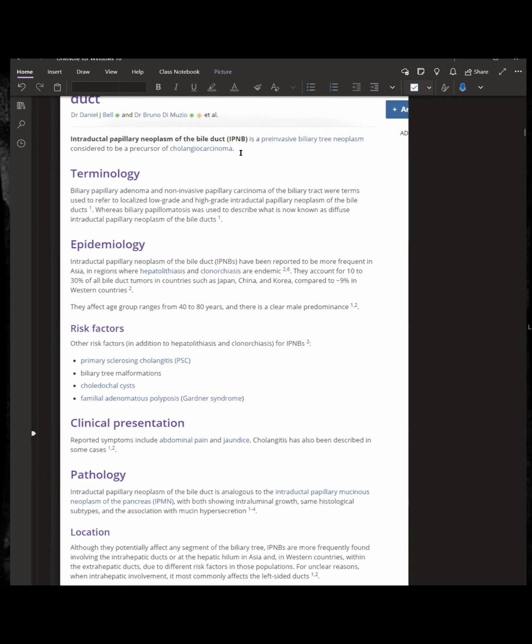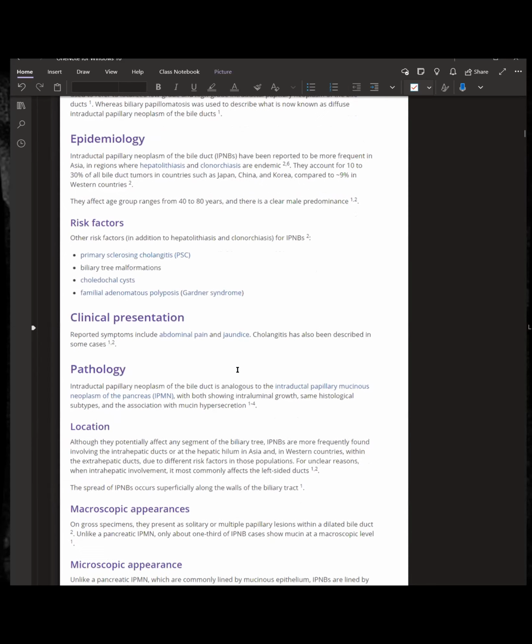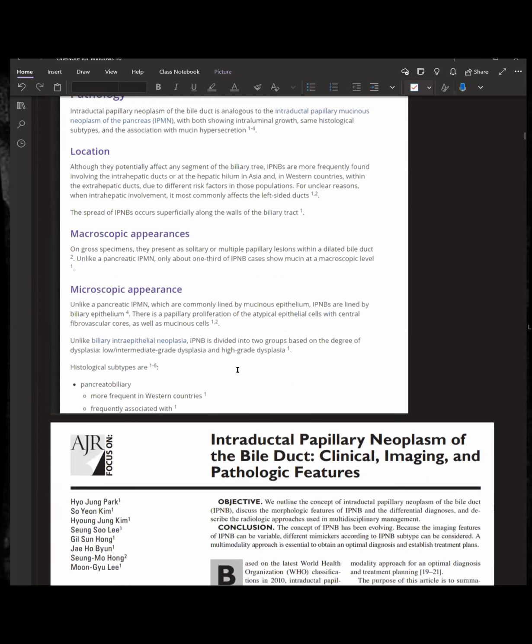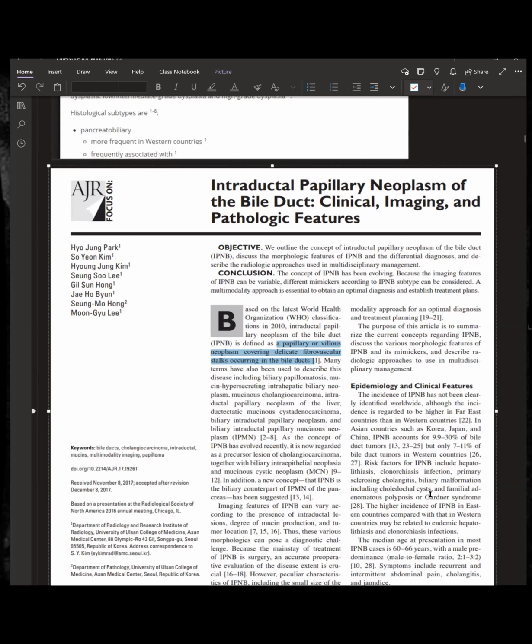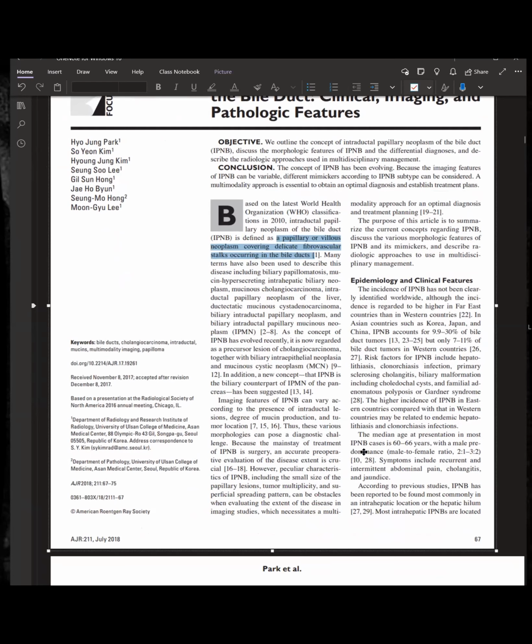In fact, on one of the studies I'm going to show you, it says 80% will harbor or become cholangiocarcinoma, in contrast to IPMN, where only a minority will develop into pancreatic cancer. So that's why they're treated surgically, which is kind of challenging, because this was a totally incidental finding in this case. It's really the risks and benefits of a surgical option versus waiting versus just active surveillance.